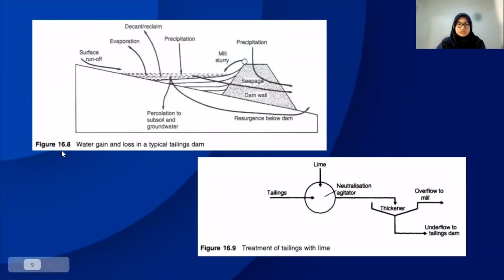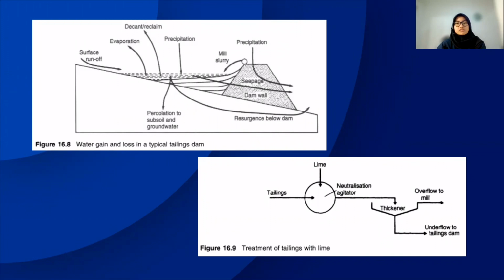This figure, figure 16.8, represents the water gain and loss at tailing dams. The water volume and water rate can be controlled to a large extent without precipitation and evaporation. It's challenging to quantify the amount of lost water, but it can be minimized by selecting a site with impervious condition or sealing it with an artificial layer made of clay.